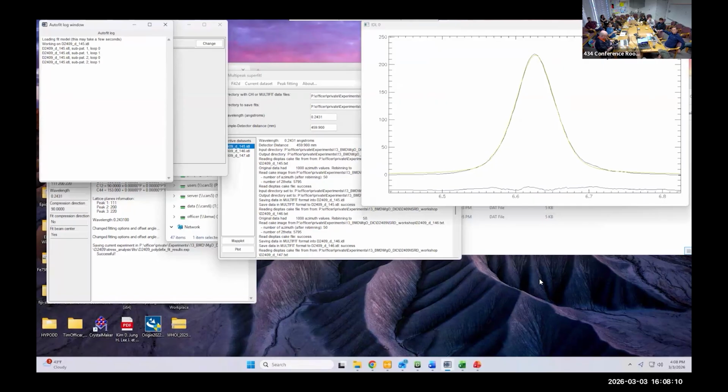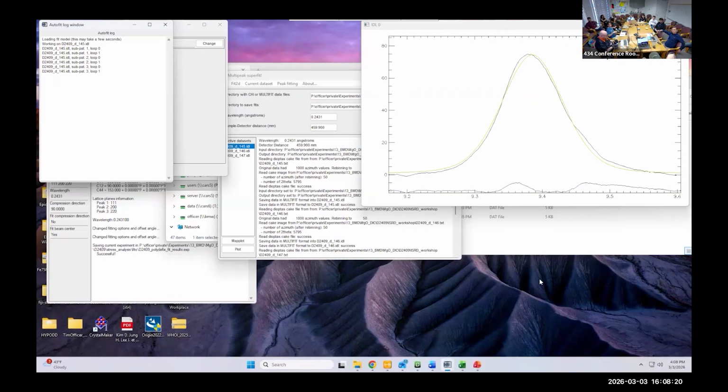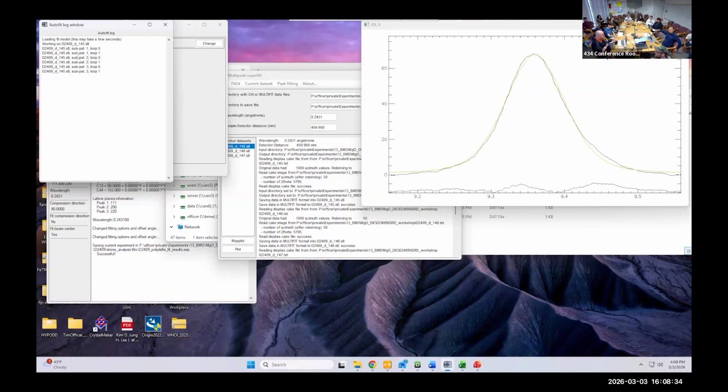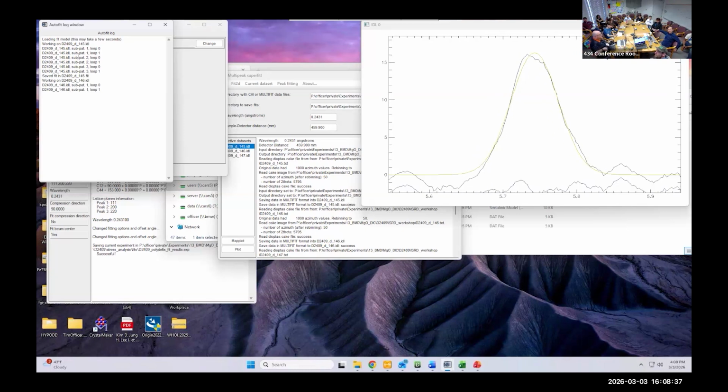This is the 200, the big one. And now it's doing the next diffraction image. It was the 3 peaks in the first image and then 3 more peaks in the next one.